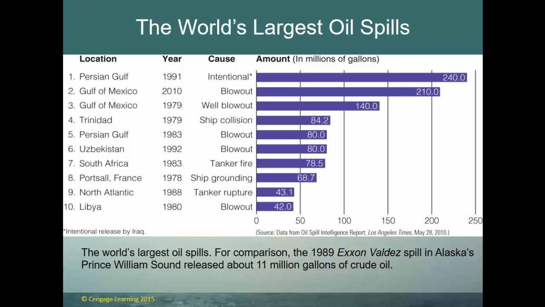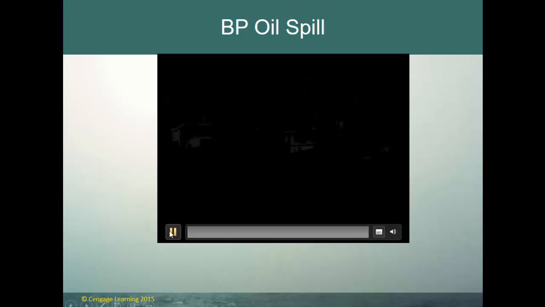Well, the Exxon Valdez was well known for the 11 million gallons of crude oil it dumped into Prince William Sound, but that doesn't even make the top 10 so far, where there was an intentional dump back in 1991 in the Persian Gulf of 240 million gallons. And of course, we've had spills in 2010 and in the Gulf of Mexico in 1979. So some data basically on how much oil has been inadvertently or purposely dumped into the ocean over the decades.